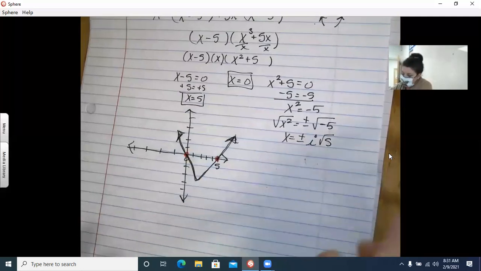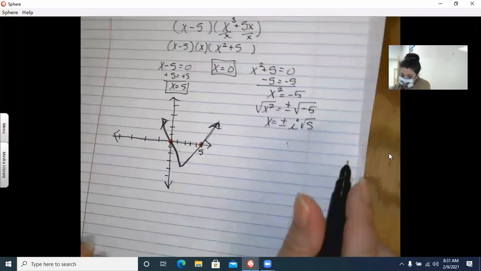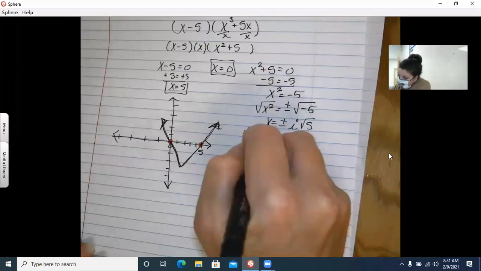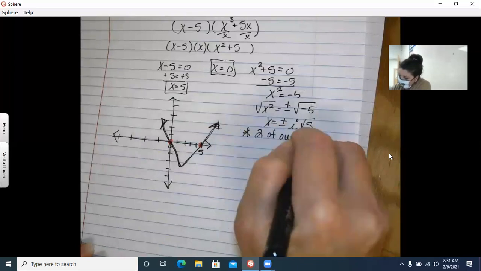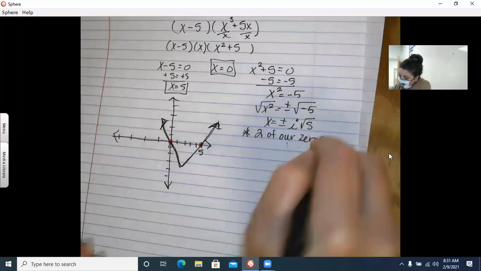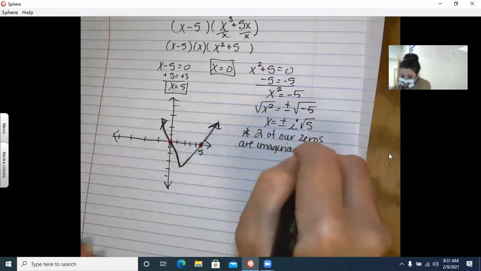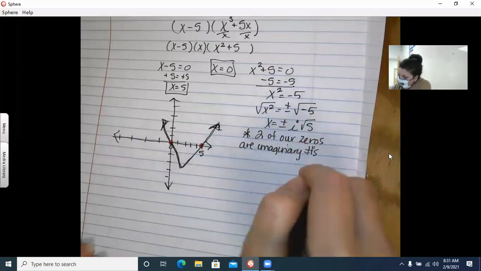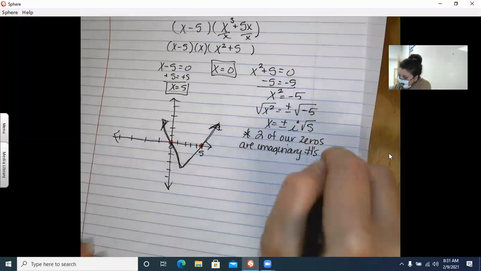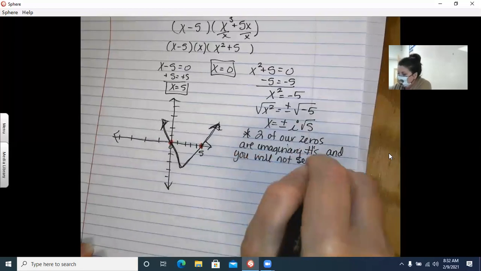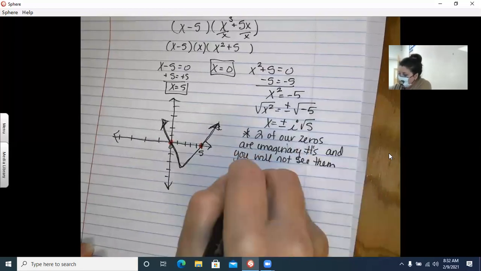Write this down. 2 of our zeros are imaginary numbers, and you will not see them on the graph.